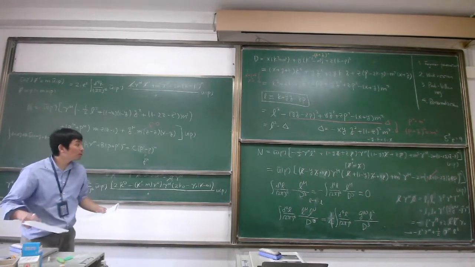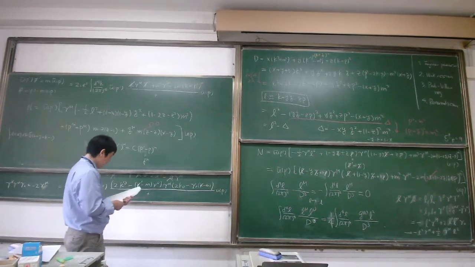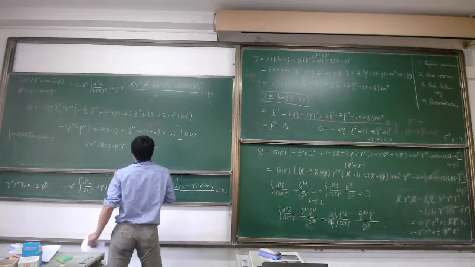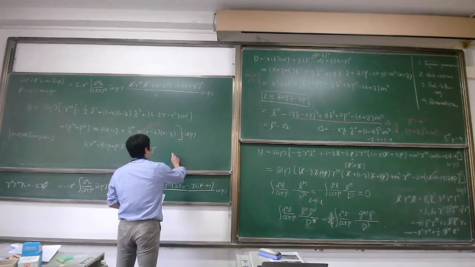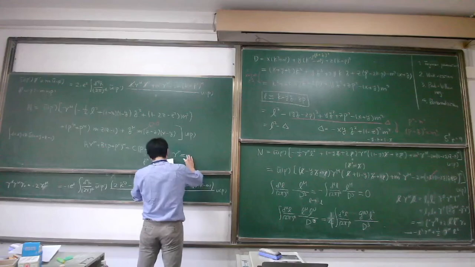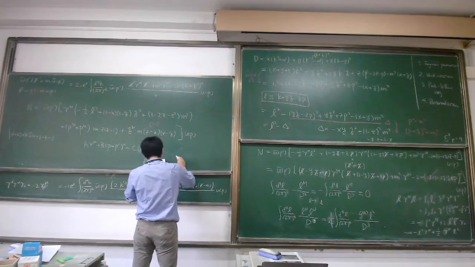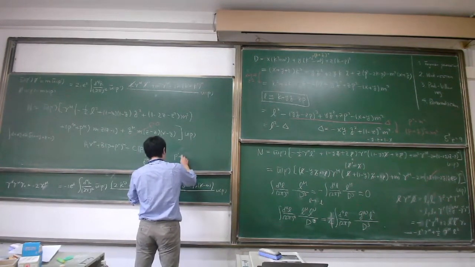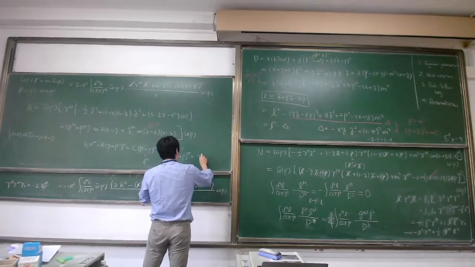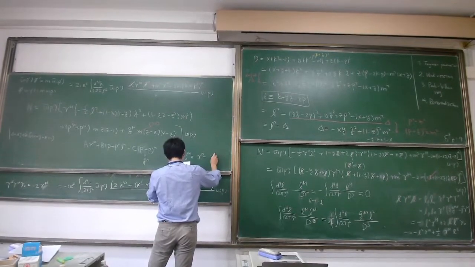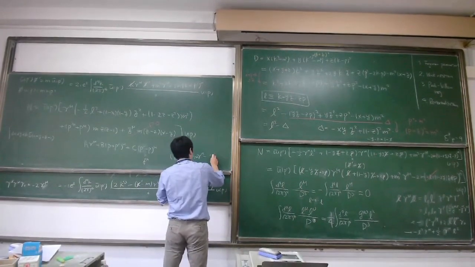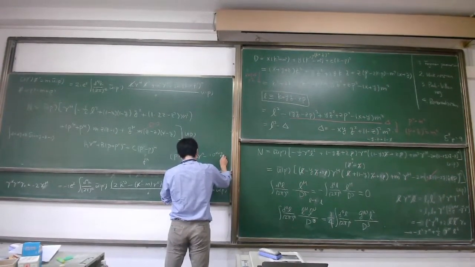So again, we will use the Gordon identity. So the Gordon identity is that gamma mu is equal to, so p prime plus p mu can be understood as gamma mu minus i over 2m sigma mu nu q nu.